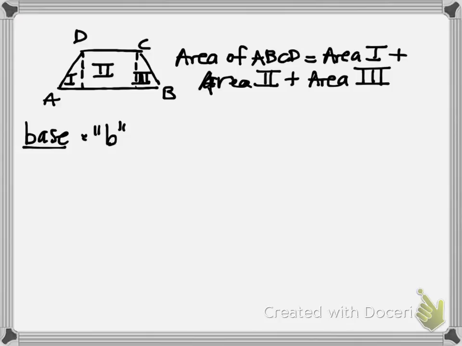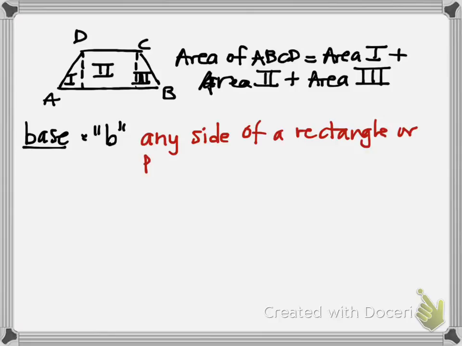And technically, a base is any side of a rectangle or parallelogram. Now, what have you guys always called the base? The bottom, right? That's what you've always associated with the base.